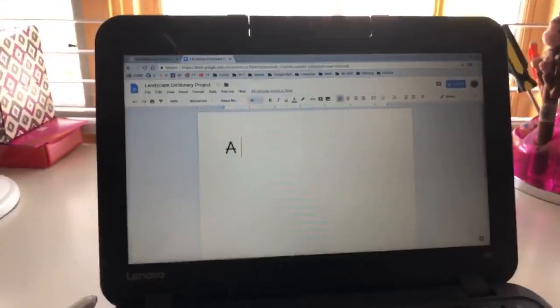Does that look big enough? I don't know. Let's go 55. Okay, that's good. Now put this back at 14. That looks so small now.